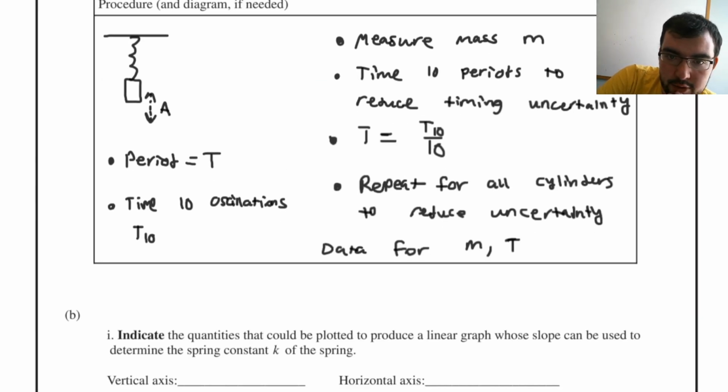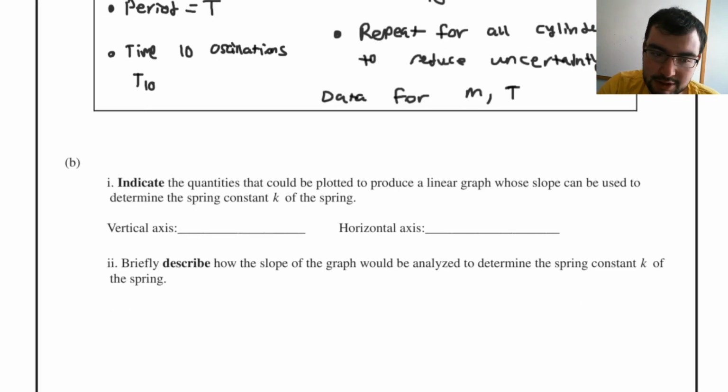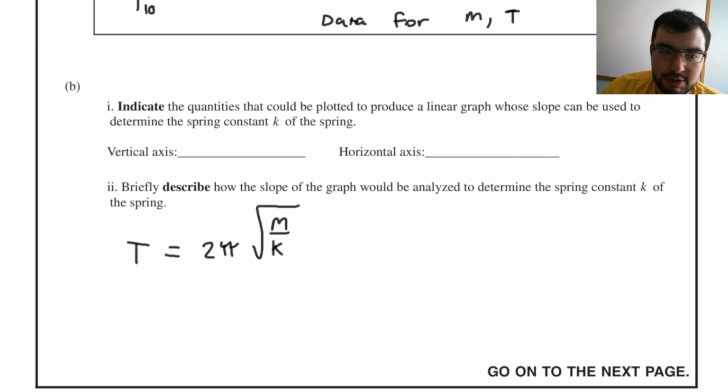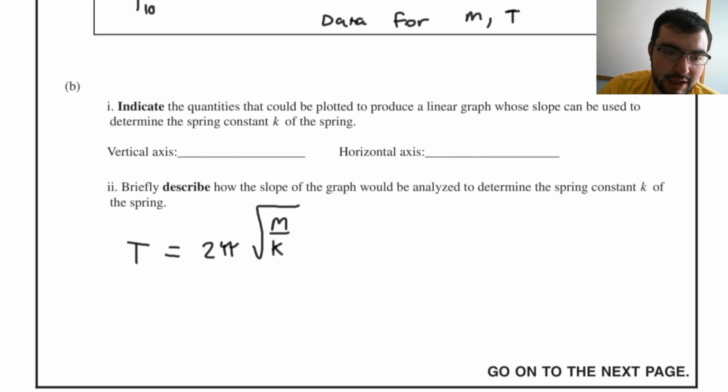So the reason we're graphing M and T, again, we have to have an equation here. If we look at our equation sheet, the period of a mass spring oscillator is 2 pi square root m over k. And square roots aren't the best to deal with. So typically we suggest squaring both sides. So T squared would be equal to 4 pi squared divided by k times m.